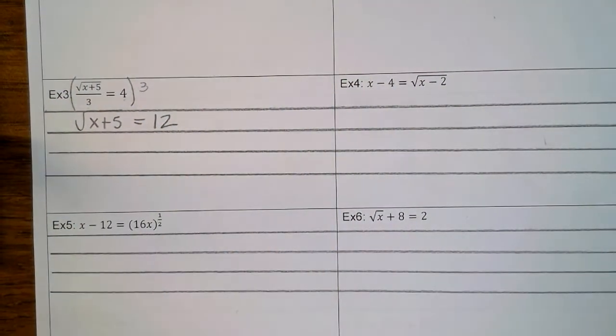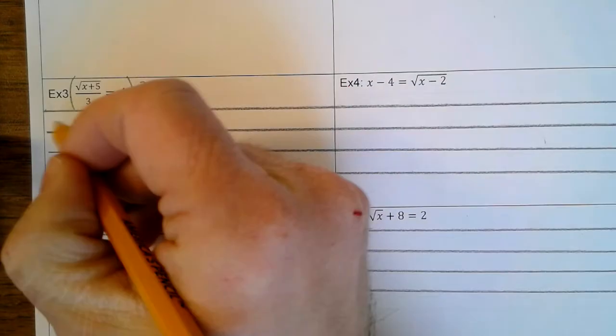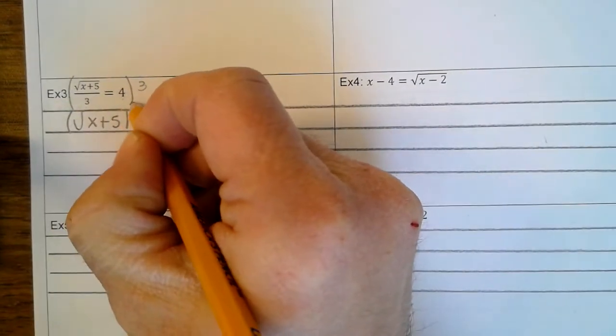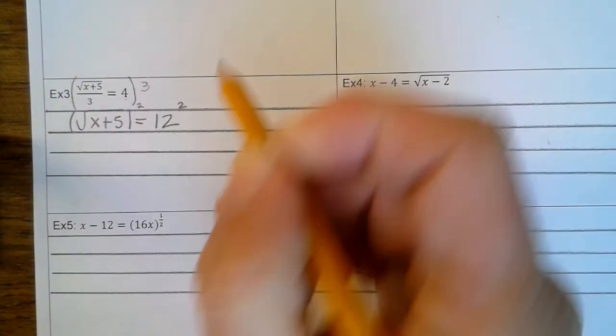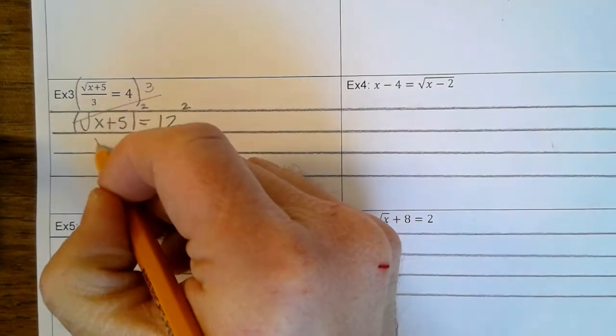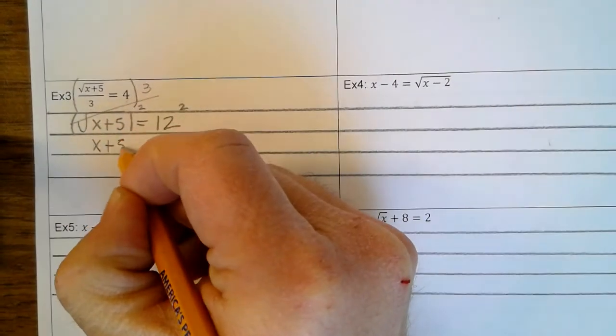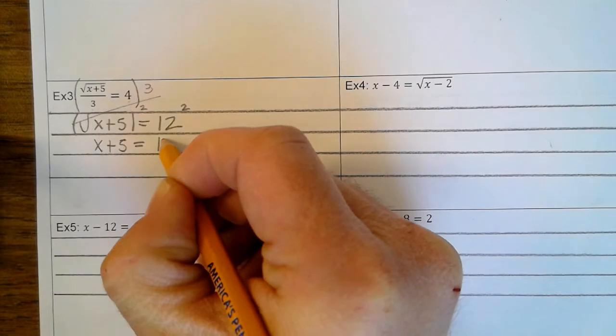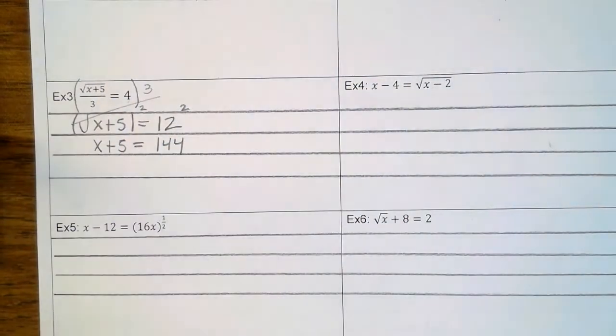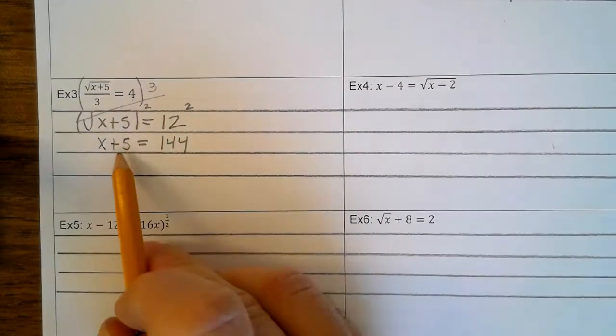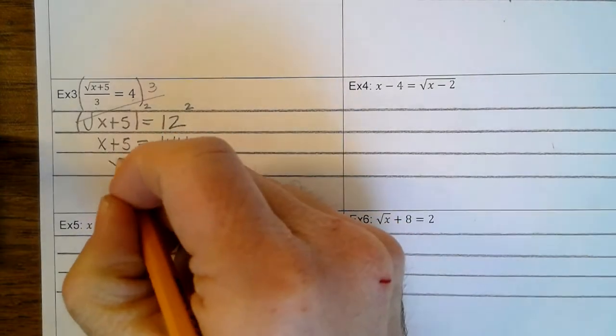All right, now we're going to square both sides. That becomes the power of 1, so you're left with x plus 5 equals 12 squared is 144. Subtract 5 from both sides, x equals 139.